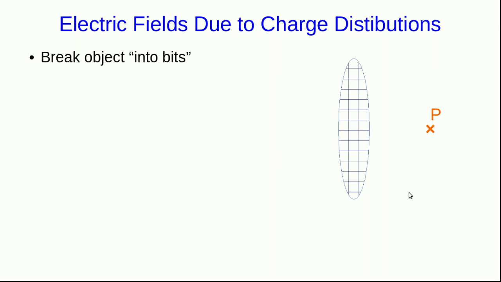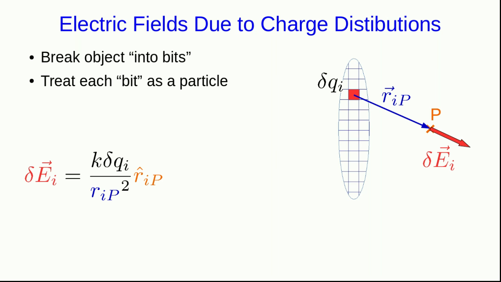I went through much of the idea of how to get the electric field due to a charge distribution in an earlier lecture, so let me recap it and establish some notation as I go. The idea is that we imagine breaking the object into bits, and now we treat each bit as a particle.